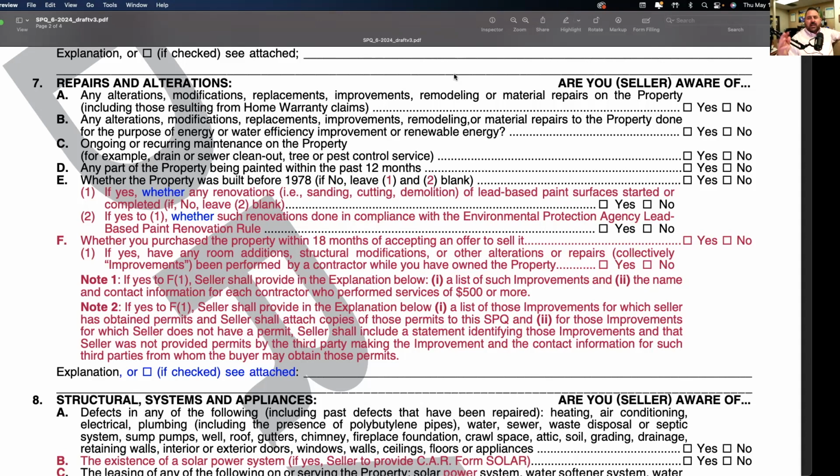Yeah, but the language of it originally did say that it had to specify the cost. It's not in here, so my suggestion is, and remember, this is a draft, this law goes into effect in July. These things could change. So just be prepared that you may have to disclose not just that it was over $500, but the actual cost of each repair. But for sure, you have to give them the contractor's name and contact information.